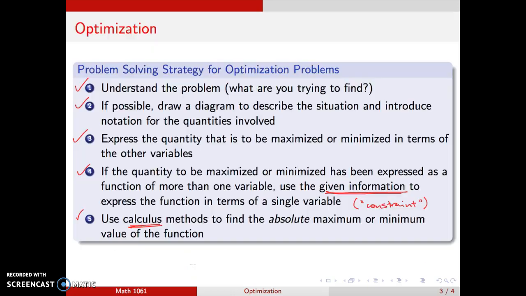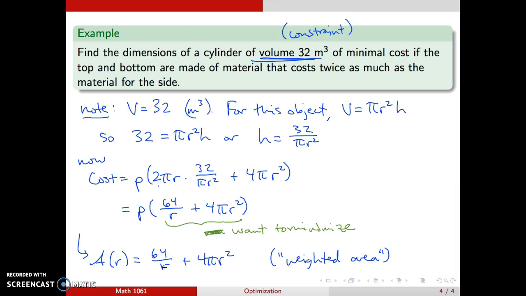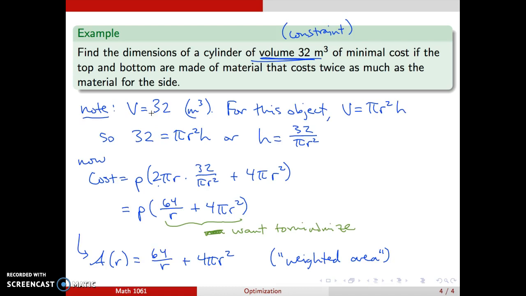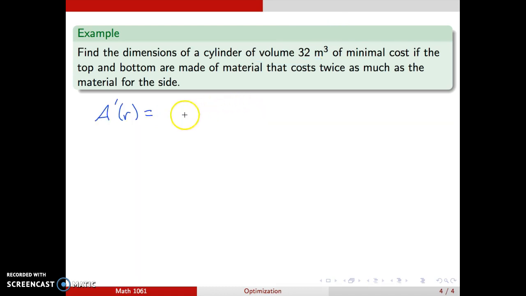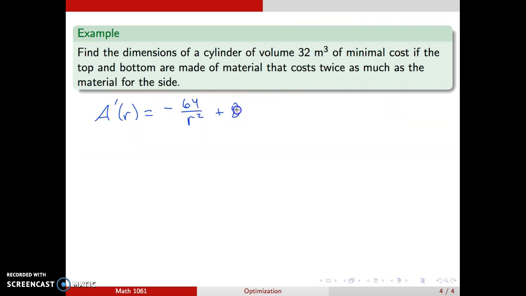So now we're at this step, use calculus. We did all the hard work, now we're ready to roll. We want to find r that minimizes that area. So we look at A prime of r, which is negative 64 over r squared, using the power rule on that one, plus 8 pi r. Now we want to find the critical point. Critical number is the language we use, sorry.